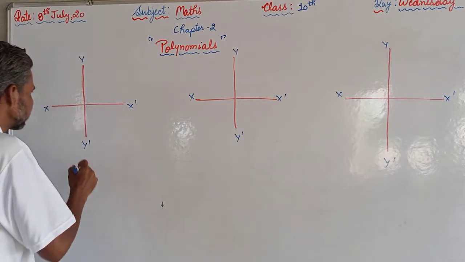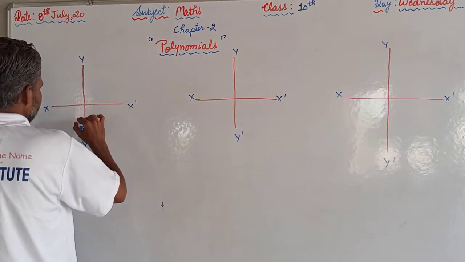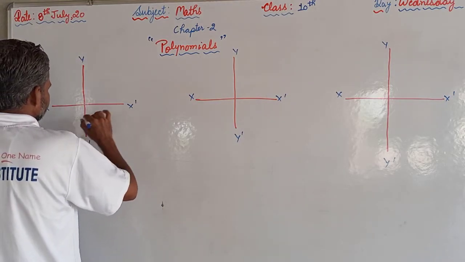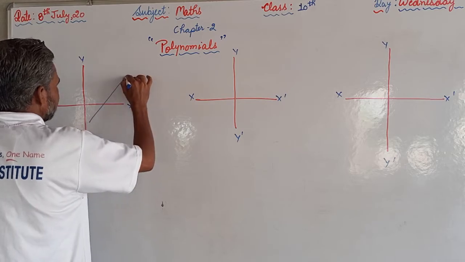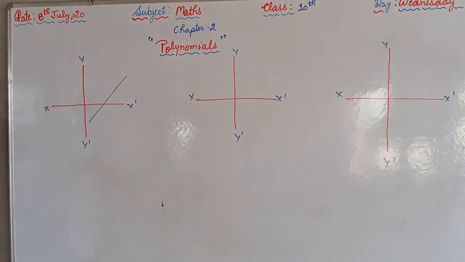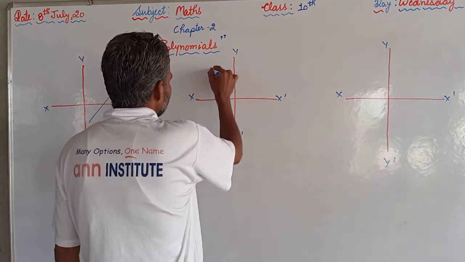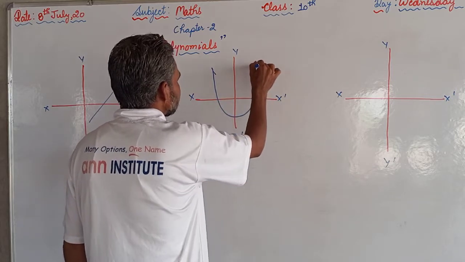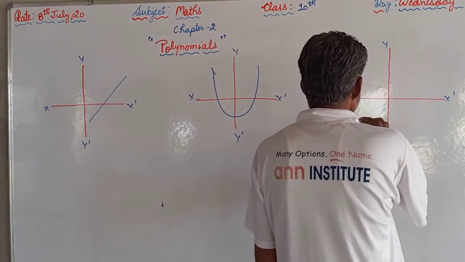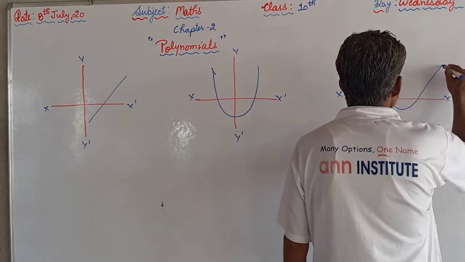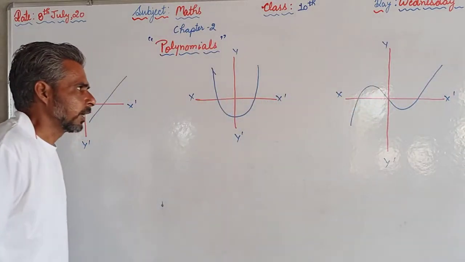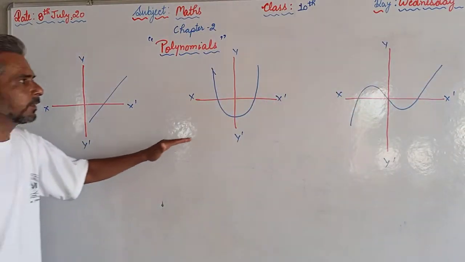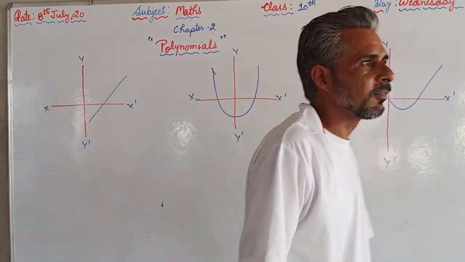So if the graph is, one graph is like that, and one graph is like that, and the third graph is like that. So what is the difference in these 3 graphs?